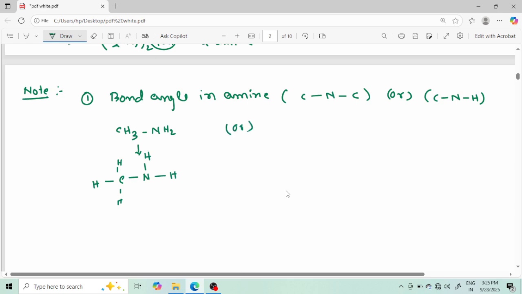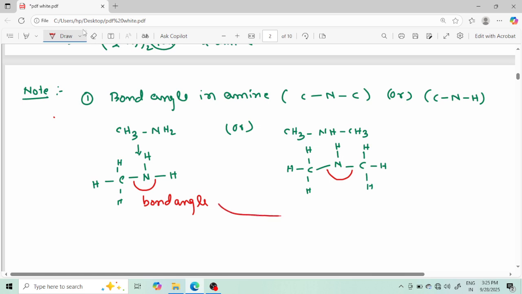And if I give you another example like CH3NHCH3, here let's draw the structure. N, H, and then C, H, H and H. Basically here they will ask an MCQ-based question, like what is the bond angle, this one. Okay, this bond angle.